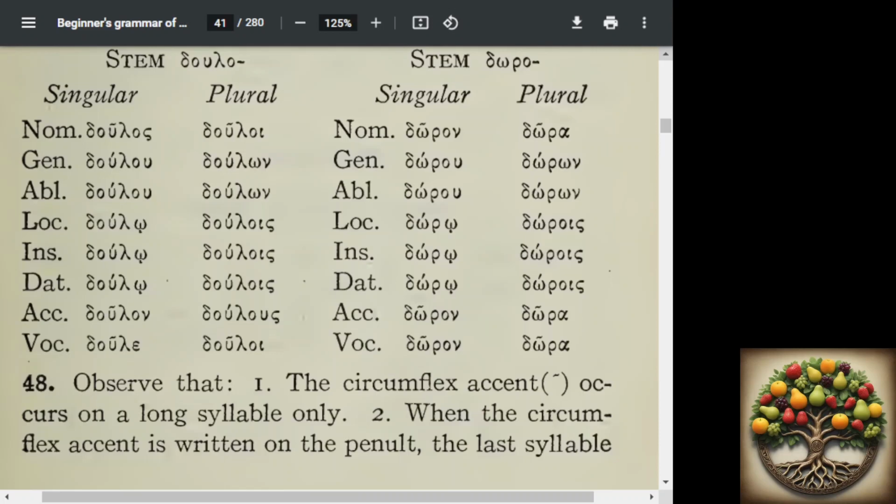In these words, the ultima is long, and we cannot have a circumflex on the penult because the last syllable is long. However, since the accent is on the penult in the singular, it's going to stay on the penult, and so we just simply change the circumflex to the acute, and we keep it on the syllable it's supposed to be on.